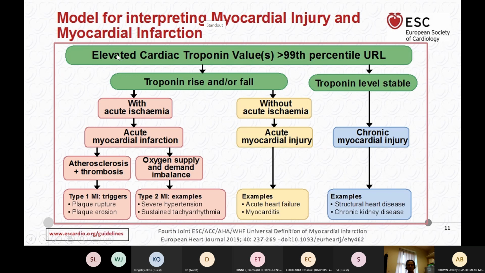So the definition of a myocardial infarction, according to these unified guidelines, is that the troponin value has to exceed the 99th percentile of the upper range limit. And the troponin can go up or it can change. It can go up or down. That's showing that it's a dynamic situation.